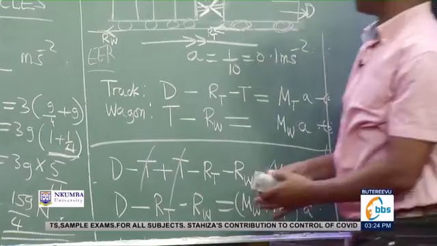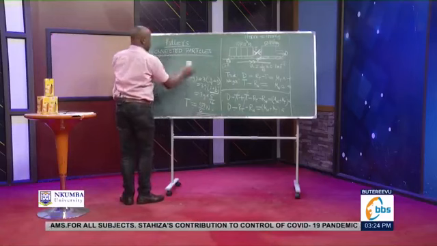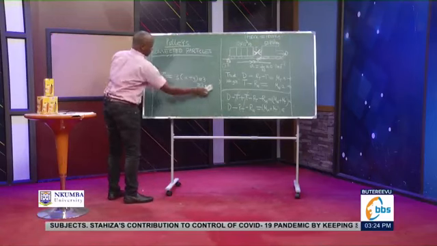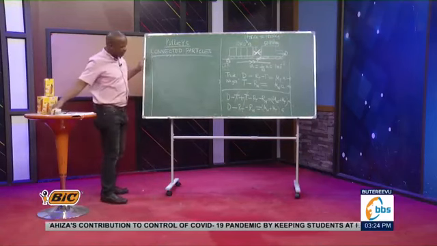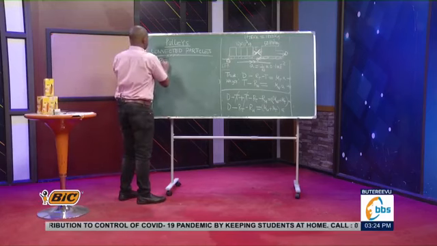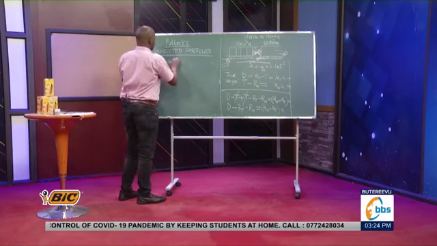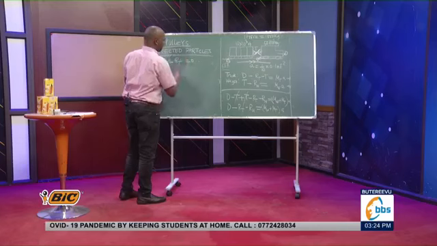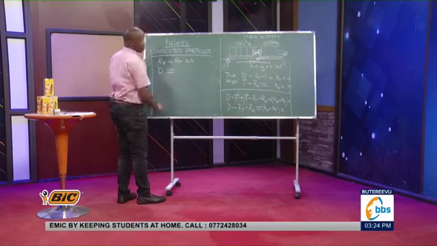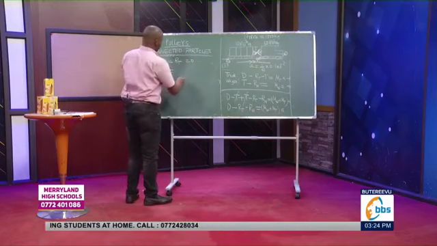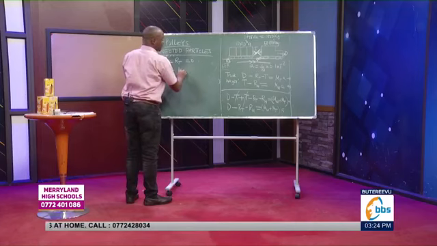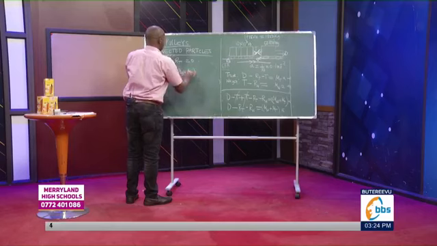Now, to answer this question, I will simply substitute in. Remember, they have told us that there is no resistance. RT and RW are equal to 0. So the tractive force which we actually want is going to simply be equal to the sum of the masses times the acceleration.